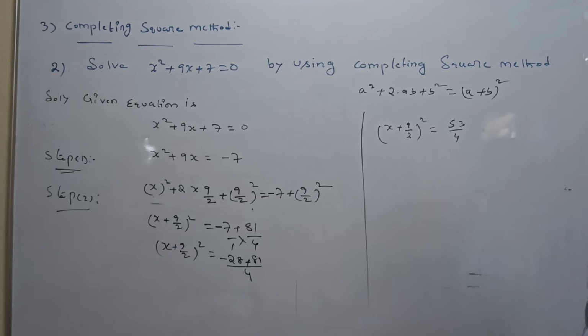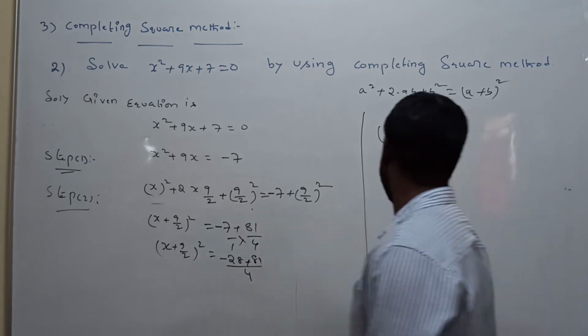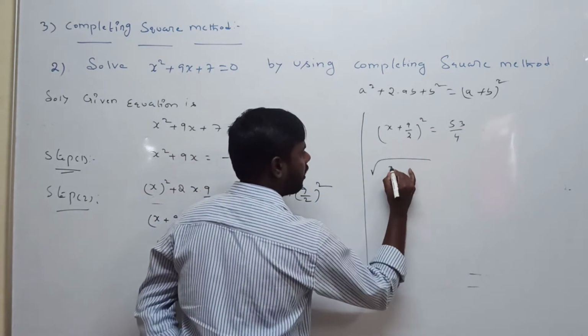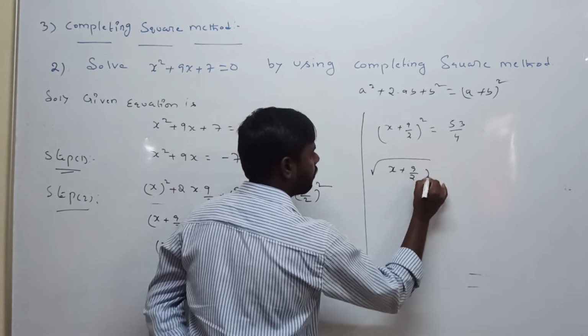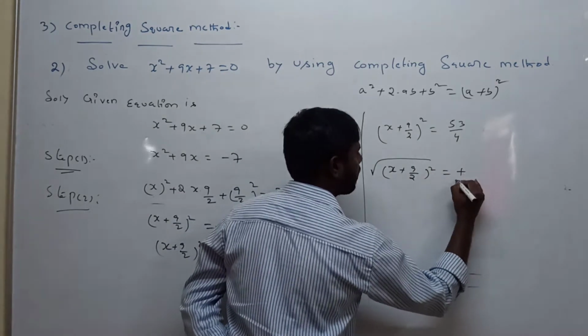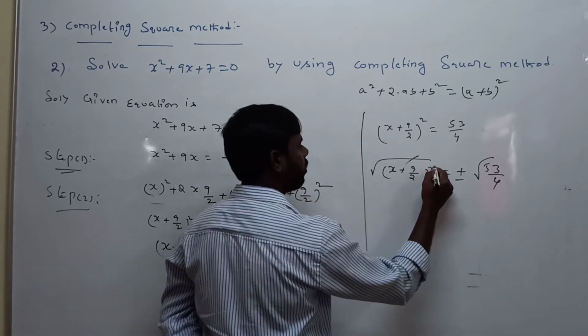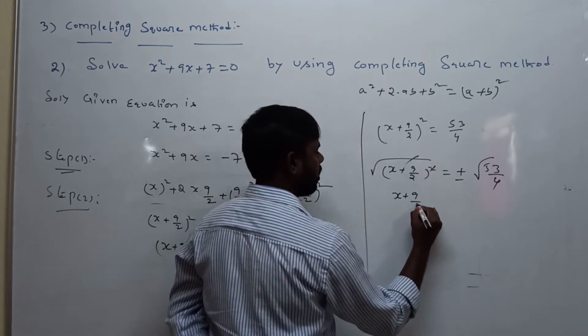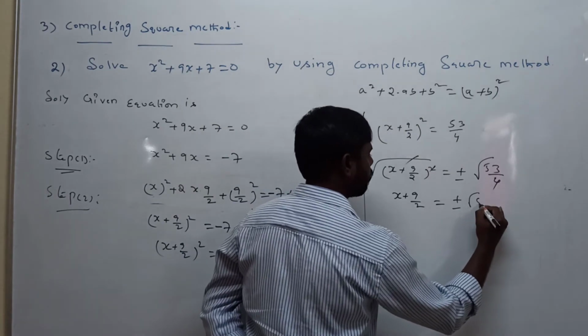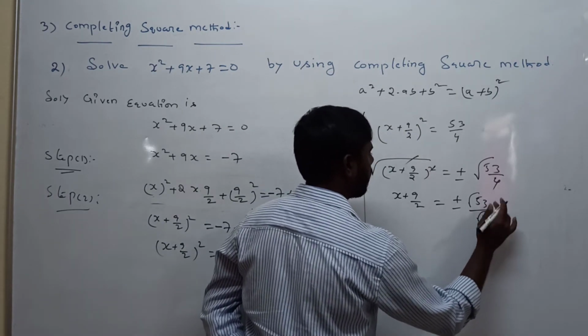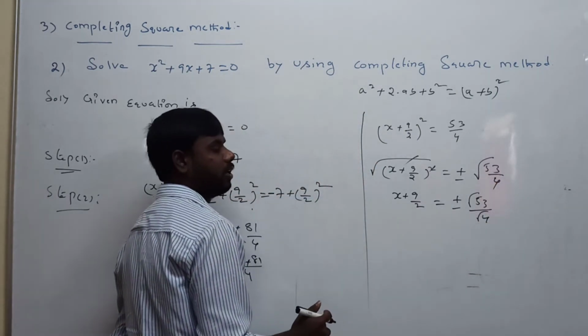To eliminate the square, you can take square root on both sides. X plus 9 by 2 whole square equal to plus or minus root 53 by 4. Square and root get cancelled. X plus 9 by 2 equal to plus or minus root 53 by root 4. We are writing the root separately for numerator and denominator.